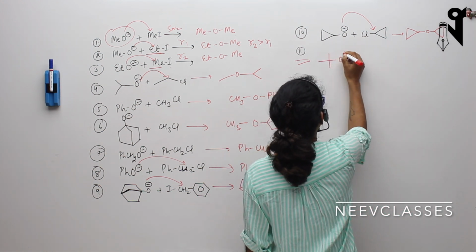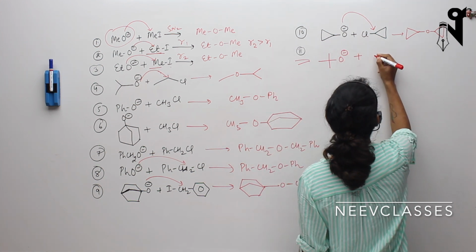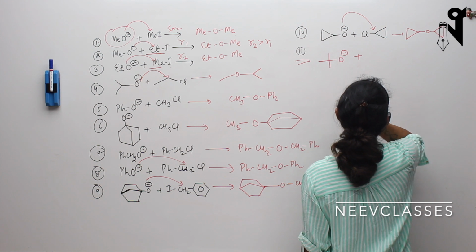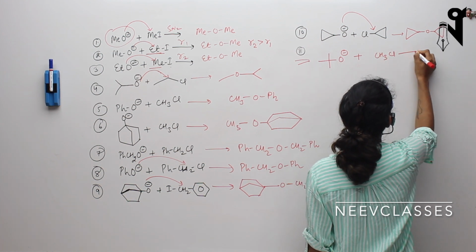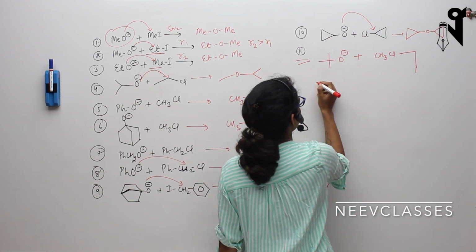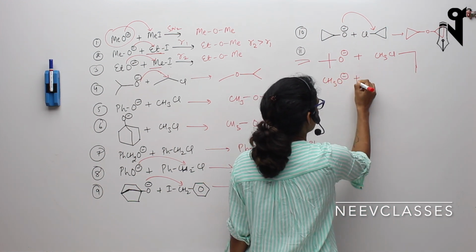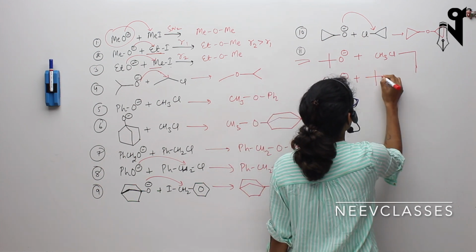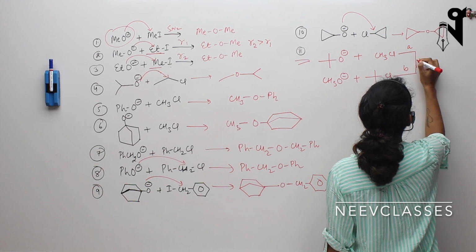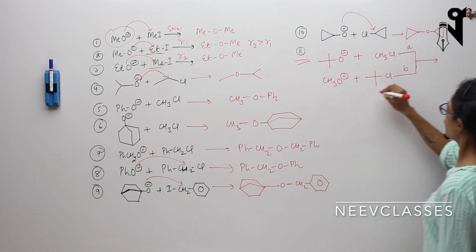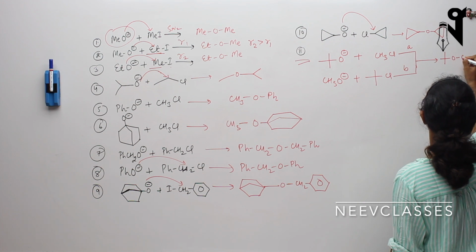Let's talk about a case like this. So we have this reaction, where one is path A and one is path B to form this product.